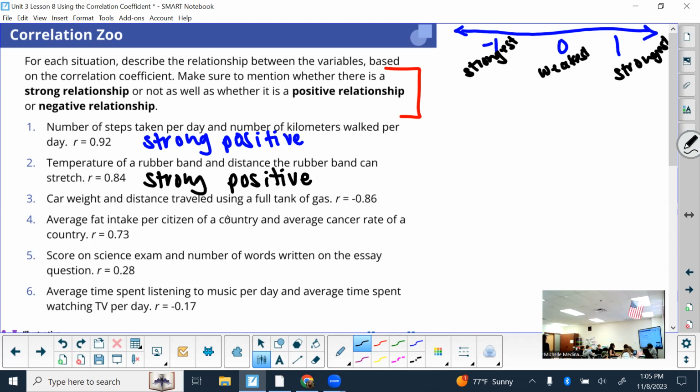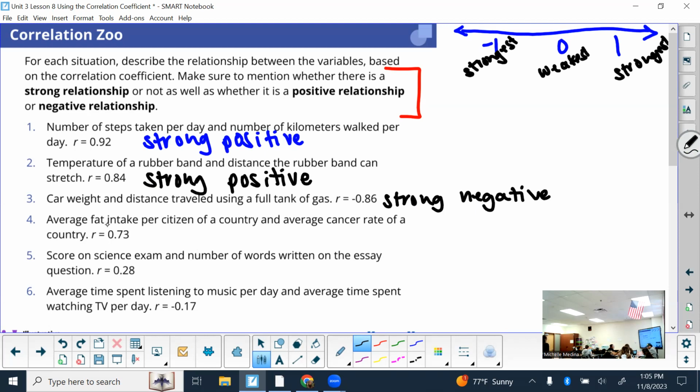So then table 4. When it's -0.86, how would you describe that? Strong negative. So still farther from the 0, closer to the -1 than to the 0, so that's why it's strong. Negative, because there's a negative sign. Make sense? Okay.